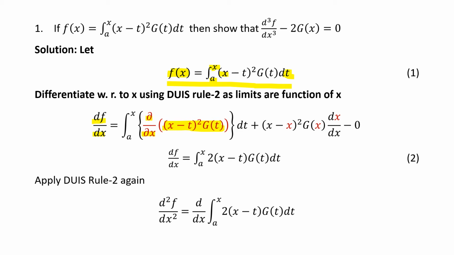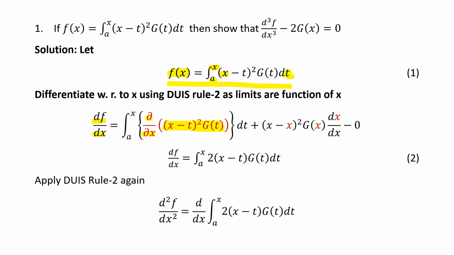So it will be (x minus x) whole square g of x dx by dx, because the upper limit is x. Minus the term from the lower limit, but the lower limit is constant, so its derivative is zero and that term will automatically be 0.